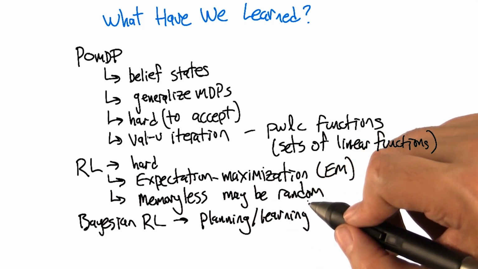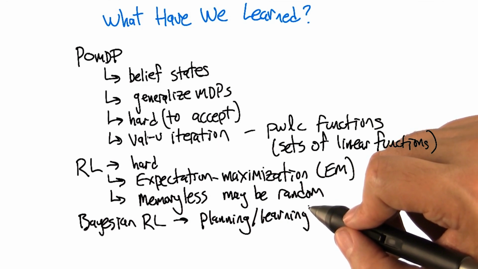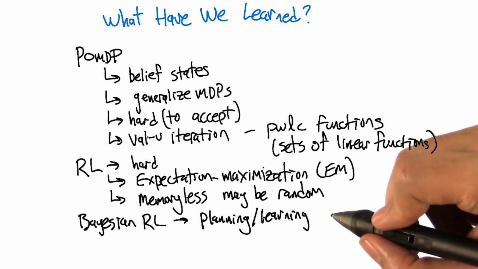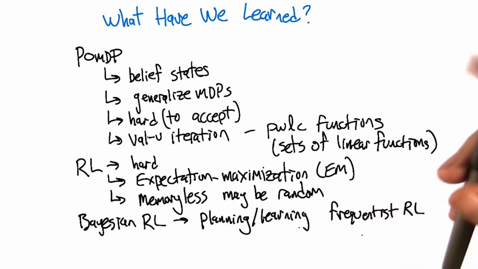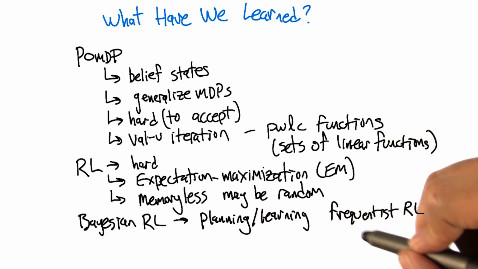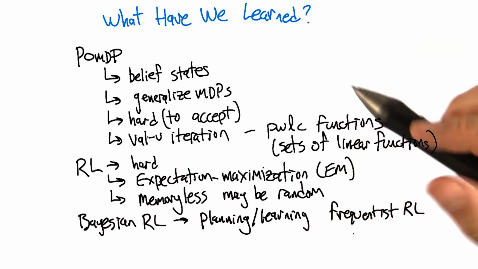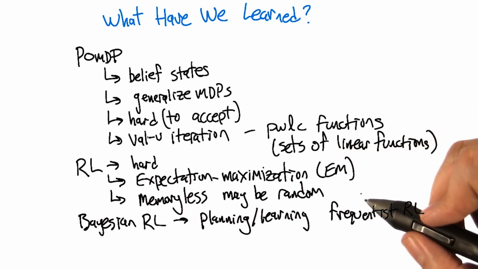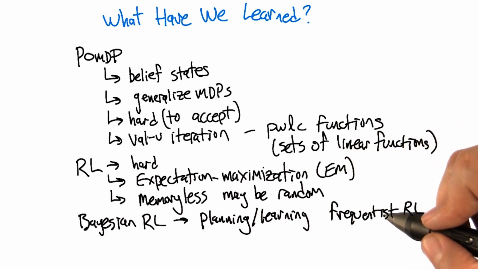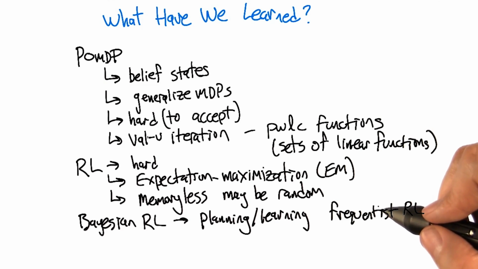Speaking of which, if we have Bayesian RL, do we have frequentist RL? Well, sure. Bayesian and frequentist are kind of rivals in a sense, so anything that's not Bayesian is maybe frequentist. So all the other reinforcement learning that we did, like Q learning and whatnot, certainly has a frequentist flavor. What is frequentist statistics about?